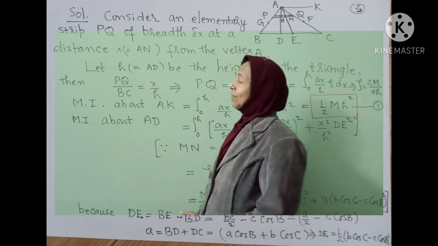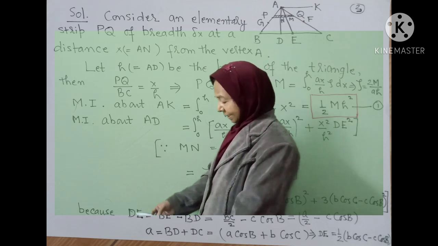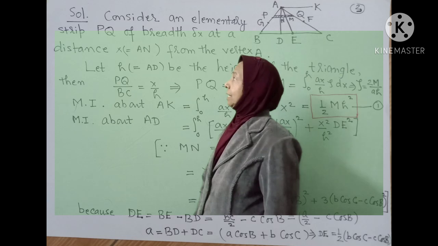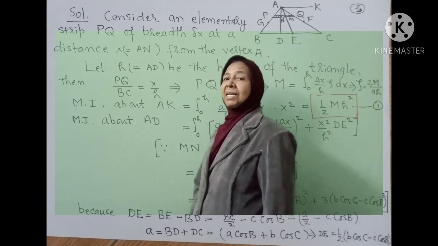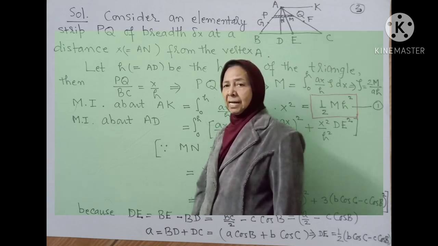plus the perpendicular distance square. Now what is that square? That is mn square. Now how to calculate mn? By the similarity of the triangles AMN and ADE.